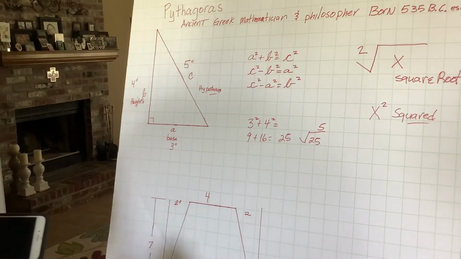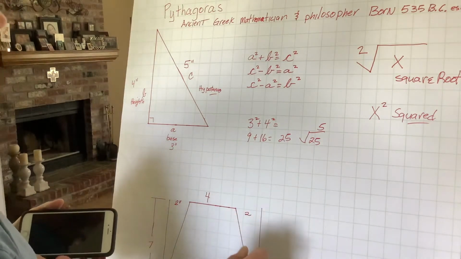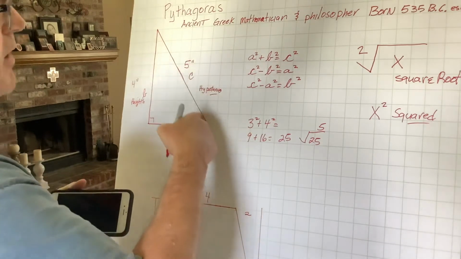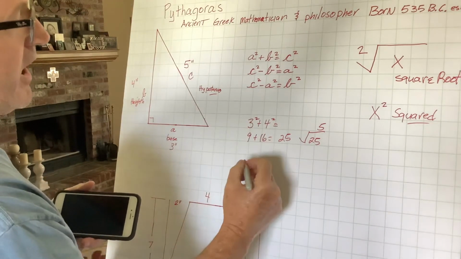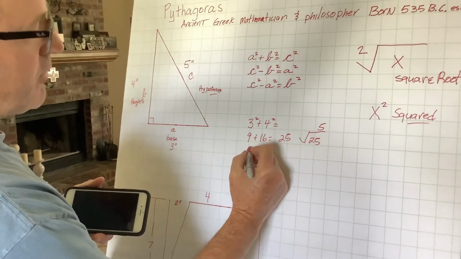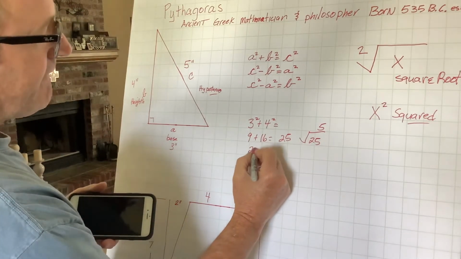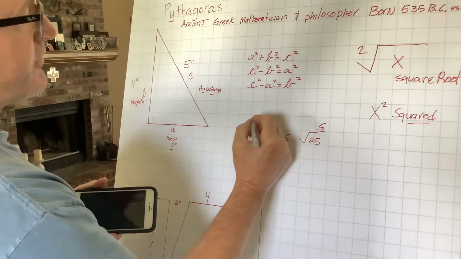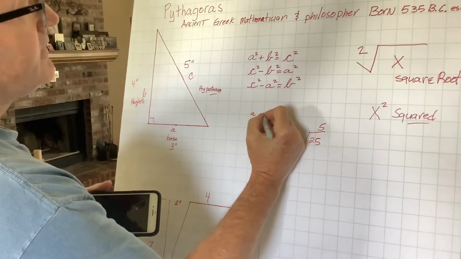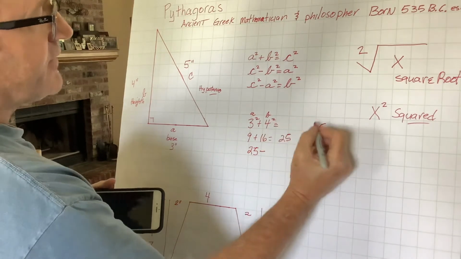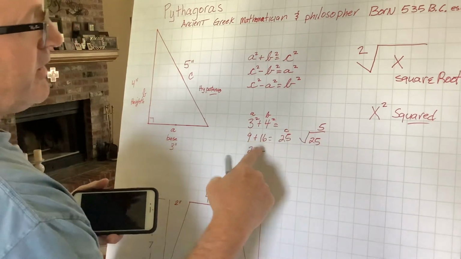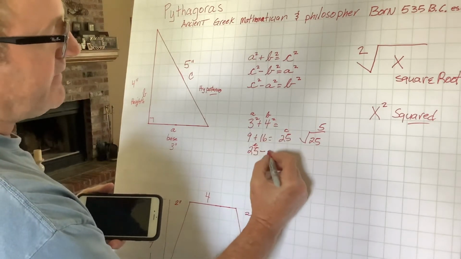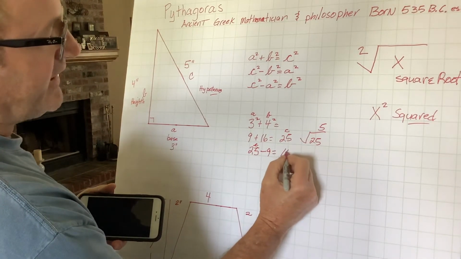So we can do that backwards. We can say, okay, we have the hypotenuse here, so we had 25, so we would say the square root of 25 minus, in this case, this was A, this was B, and this was actually C. So in this case, this is C squared minus A squared, which would be 9, equals 16.